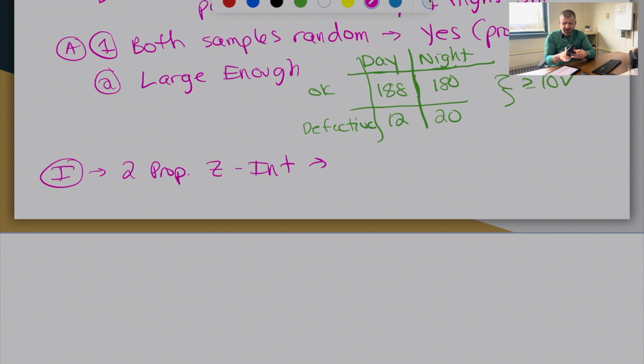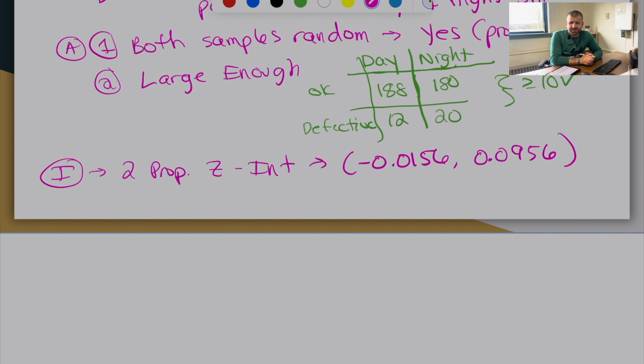And then using my calculator, I can put in my numbers here, and it was a 96% confidence interval. And I get an interval of negative 0.0156 to 0.0956.